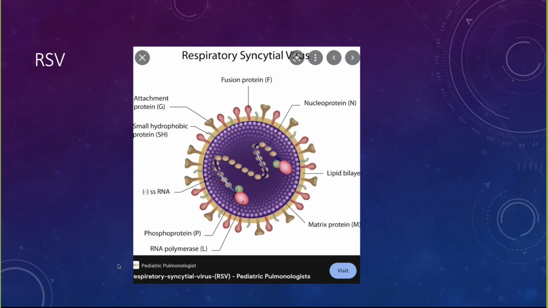So just like the other parainfluenza virus, this virus has some glycoproteins on the surface. The fusion protein is extremely important. The attachment protein and the SH protein are also extremely important for attachment, viral replication, and antibody production.